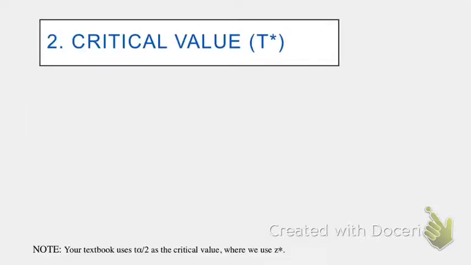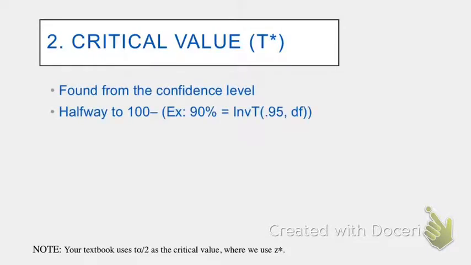Okay, so the critical value will now be T star instead of Z star. So we're going to solve it the same way that we did the last one. But instead of inverse norm, we're now going to use something called inverse T. So, second vars, inverse T. But it's the same process.